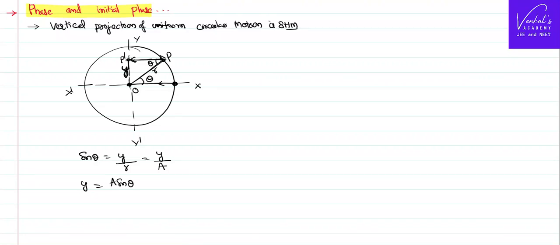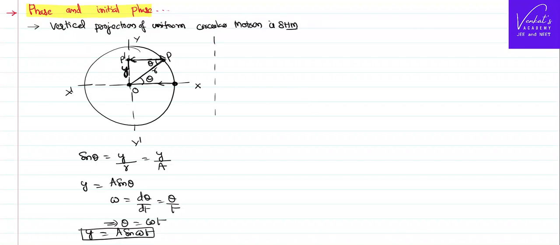Theta can be further written using angular velocity, omega equal to d theta by dt, that is theta by t. It implies theta can be written as omega t. That implies the displacement is y equal to a sine omega t. That's the equation for the displacement of a particle in simple harmonic motion. We have already derived it earlier; I have just derived it once again to show you the flow.